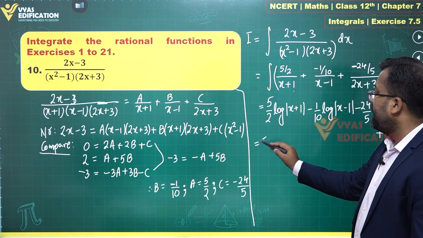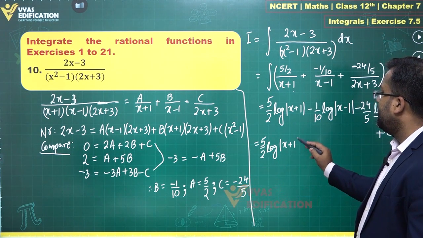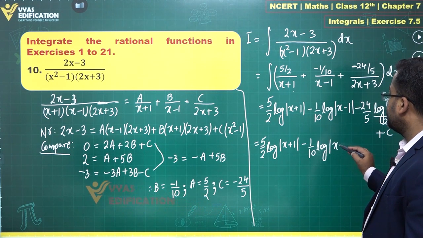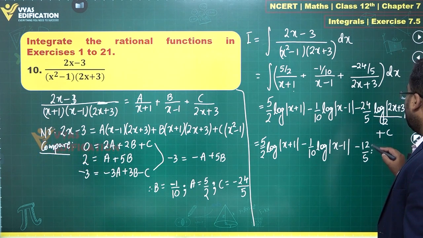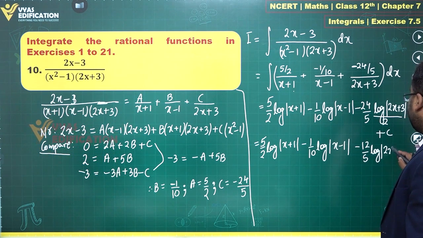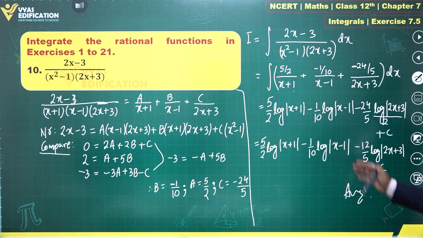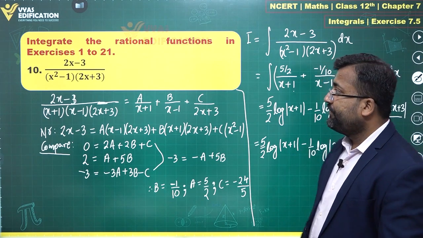So this converts to 5 by 2 log modulus x plus 1 minus 1 by 10 log modulus x minus 1 and minus 12 by 5 log modulus 2x plus 3 plus constant. That is my required solution. That's the final answer for this particular question, as you can see over here.